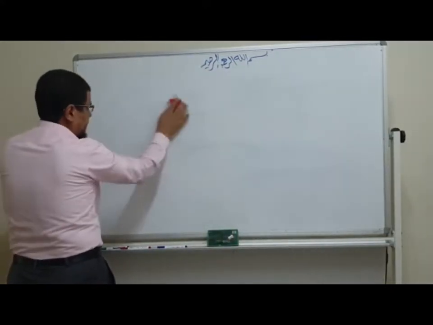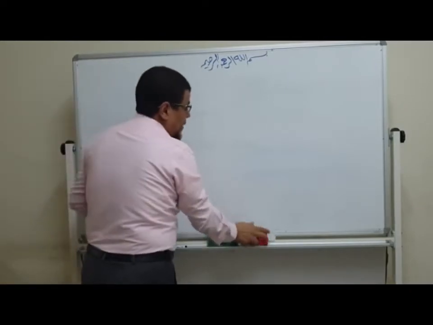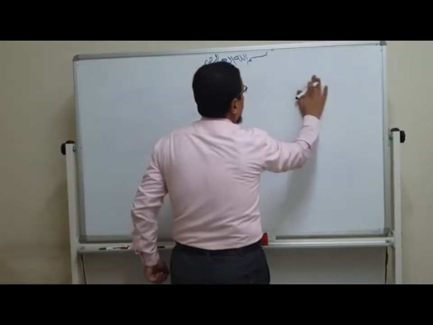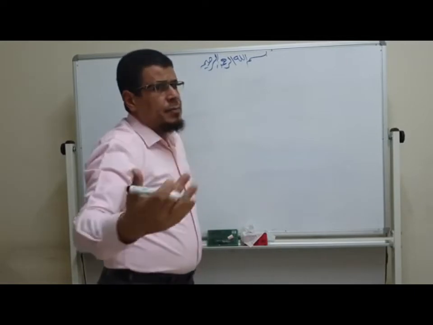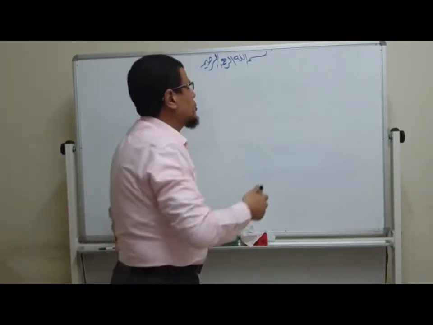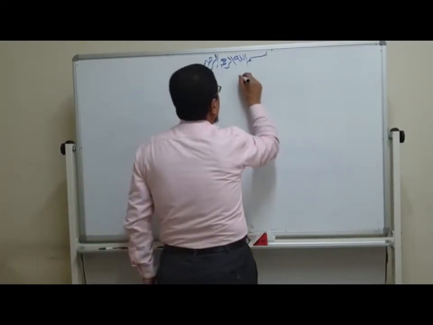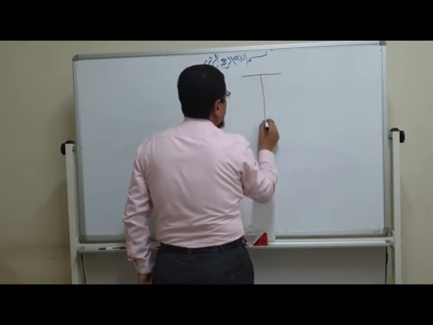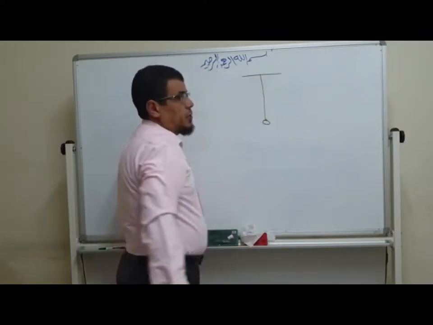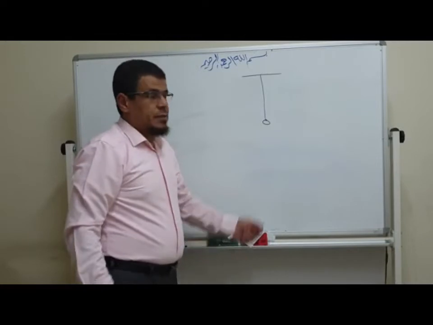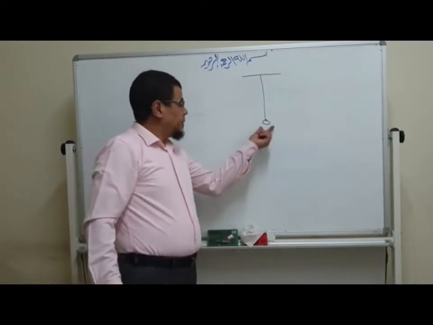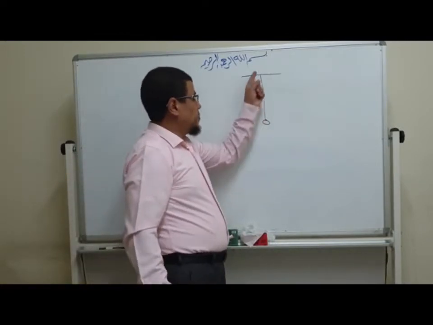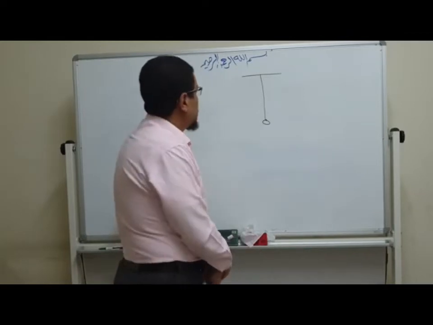Look here. For example, I will draw here an example of a vibrating source, the simple pendulum. You know that the simple pendulum is like this. A bob is attached to a string. Good. This is the bob.